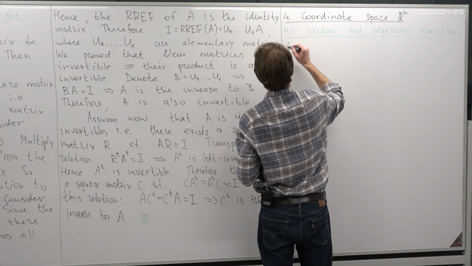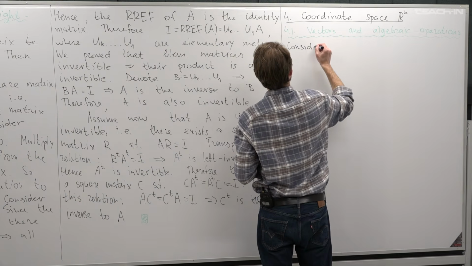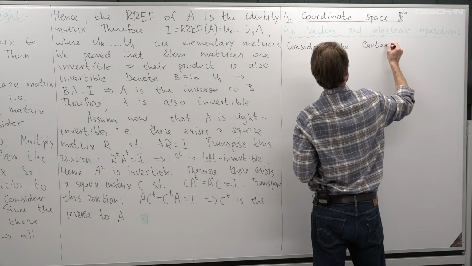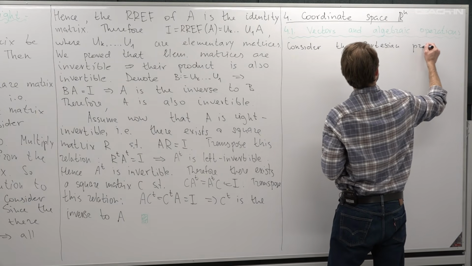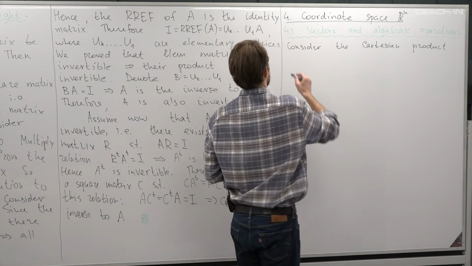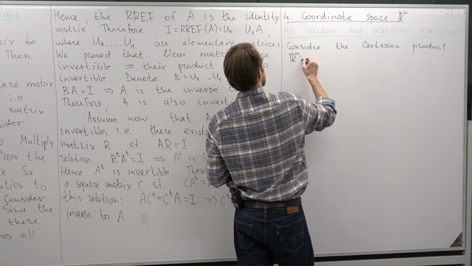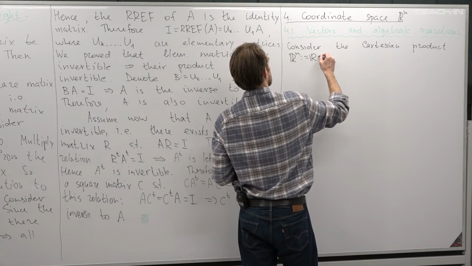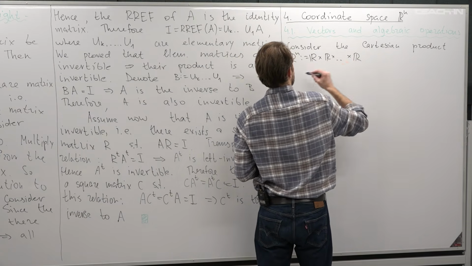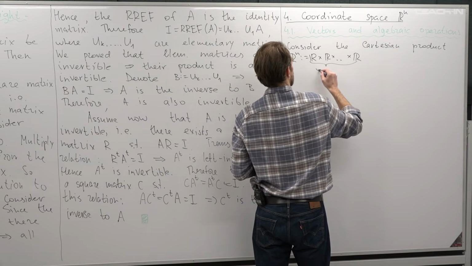So consider the Cartesian product Rn, which is R by R, etc., by R, n times.